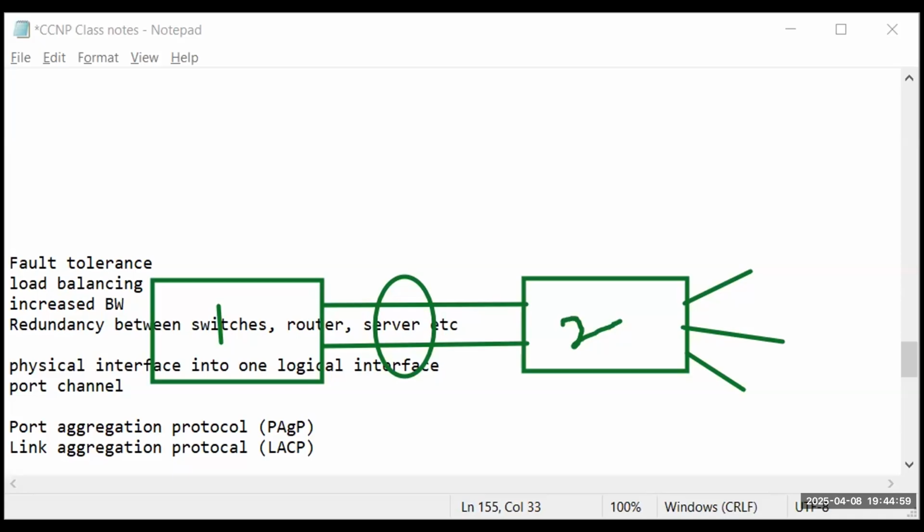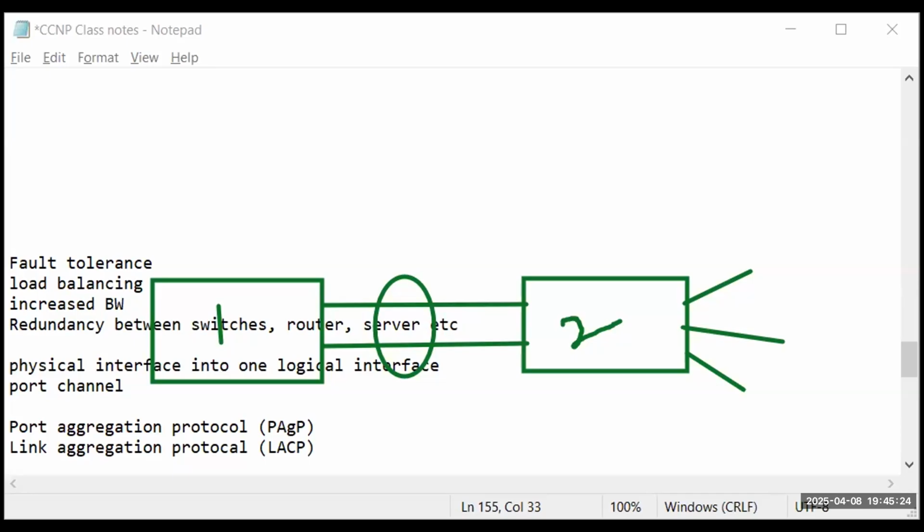PAgP is a Cisco proprietary protocol where the packets are sent between EtherChannel-capable ports that negotiate by themselves and form a channel. So one end of the port is configured as PAgP, and the other end is also capable of negotiating itself to form a channel.